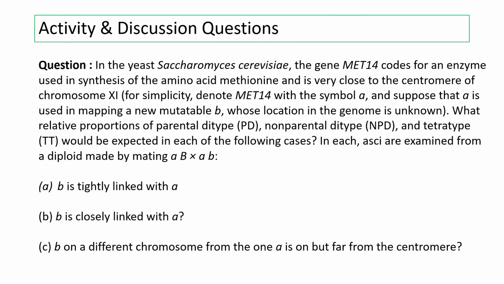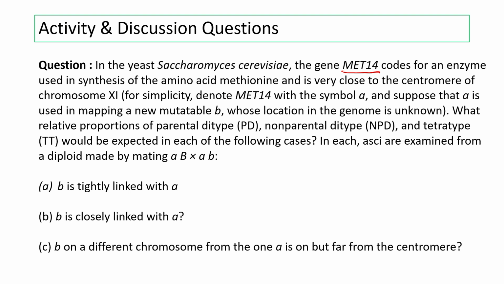So, here is an activity question for you. In this question, you read that there is a gene MAD14 that codes for an enzyme in amino acid synthesis in Saccharomyces, and it is very close to a centromere.